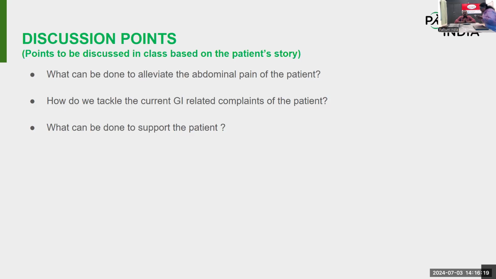I'm not sure, but she probably has an advanced malignancy, and her liver functions are totally deranged, and renal function is also deranged. So there are two types of management.